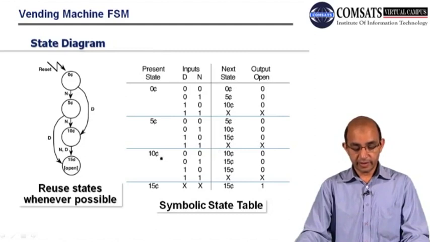If we are at 10 cents and insert 5 cents, we will be at 15 cents. If we insert 10 cents while at 10, this will pass or surpass 15 cents and the package will be released.